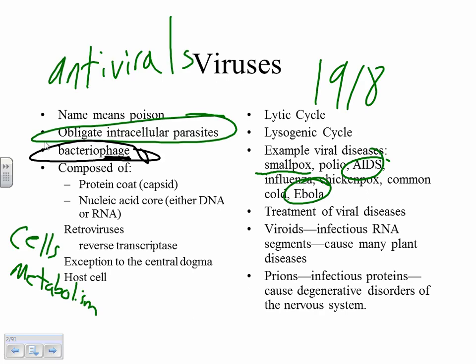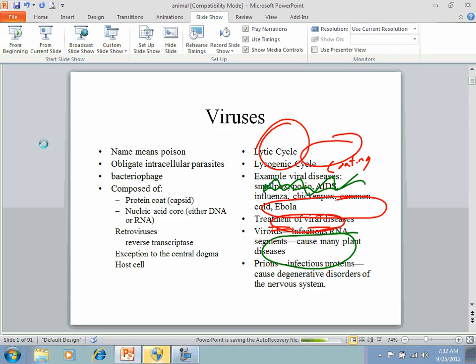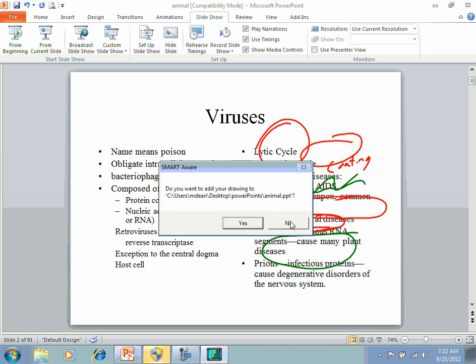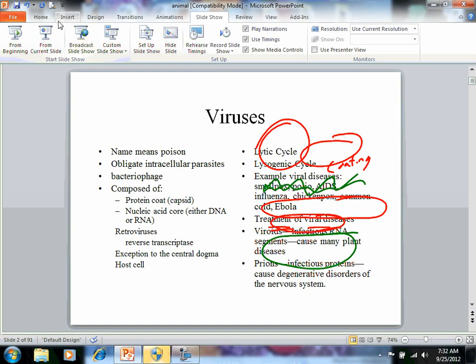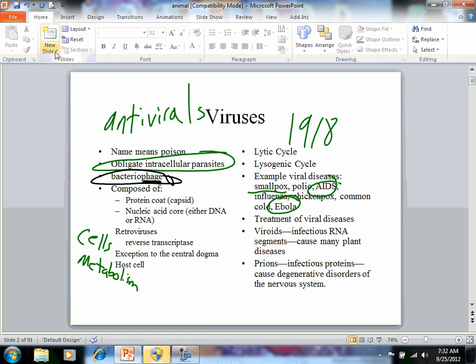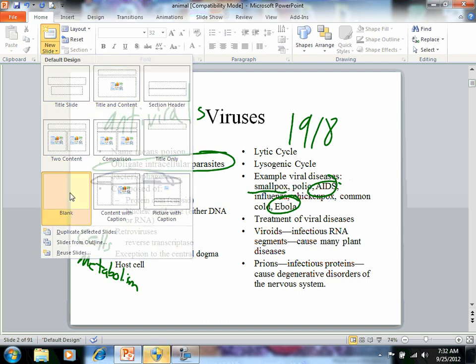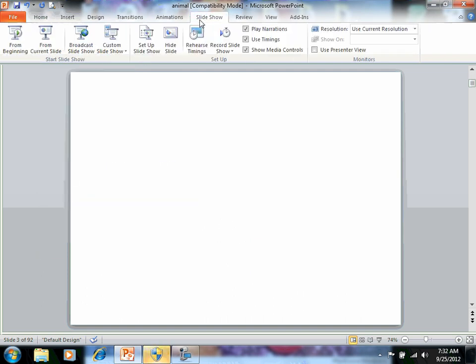All right, I want to talk about, lastly here, let me put up a blank slide for a second. You guys should know the idea of the central dogma of genetics.